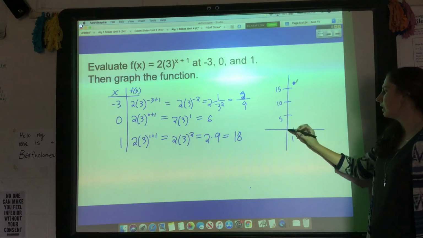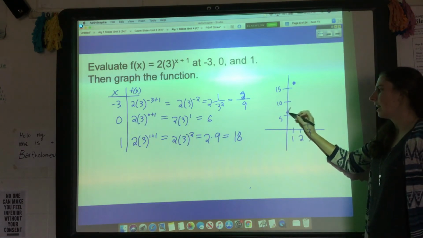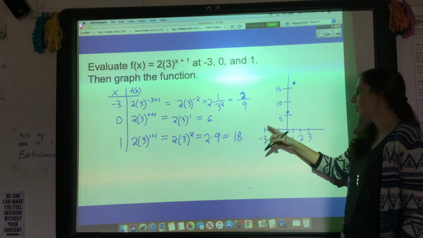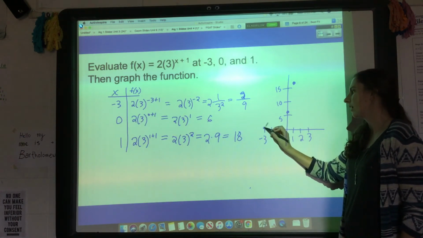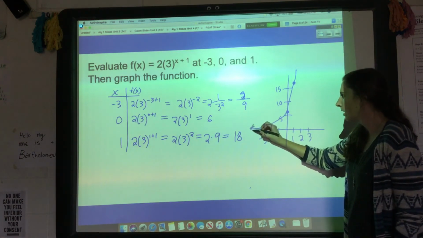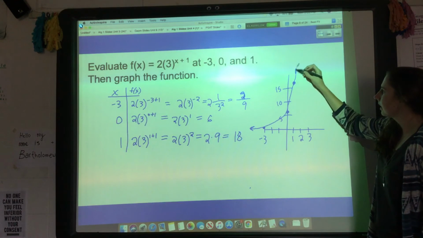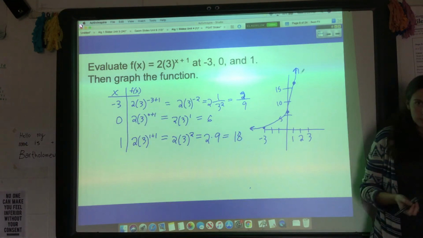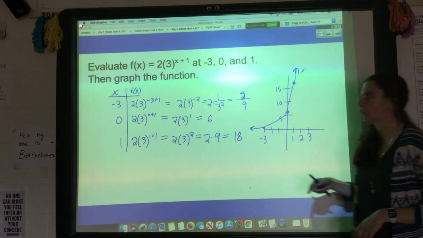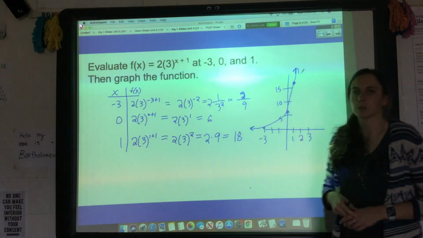I've got the point 0, 6, and I've got the point -3, 2/9ths, somewhere in here. So you'll notice it makes this exponential shape, just like this. Again, that might be a little off, but at least I have a general idea of what it looks like, and you could always just graph this in your calculator as well.